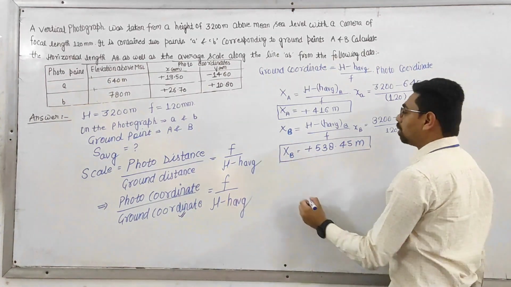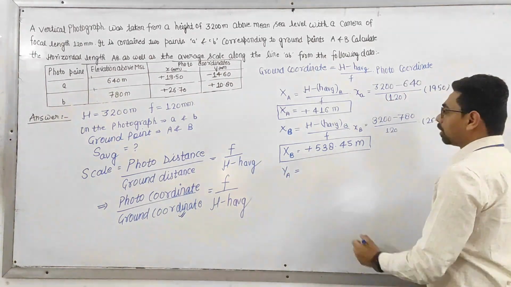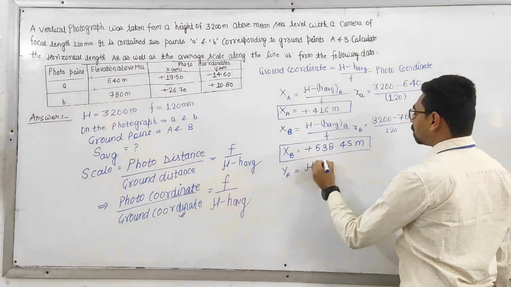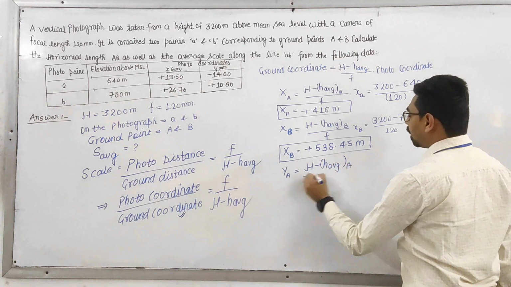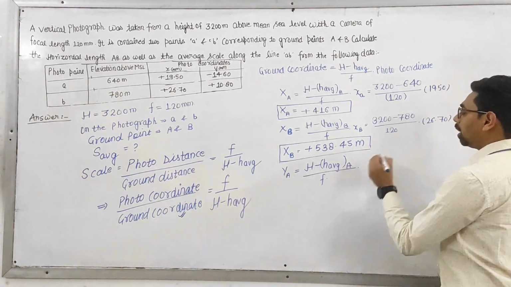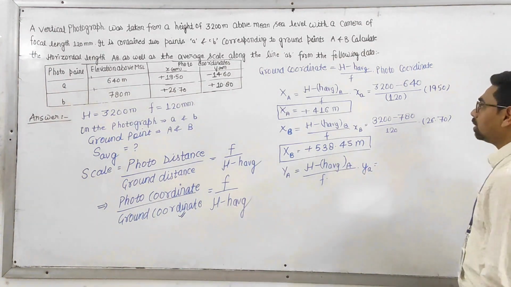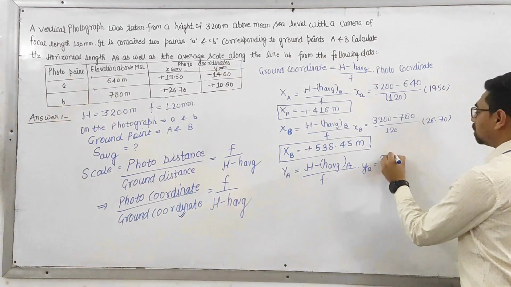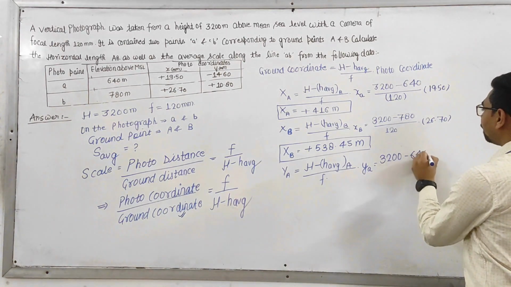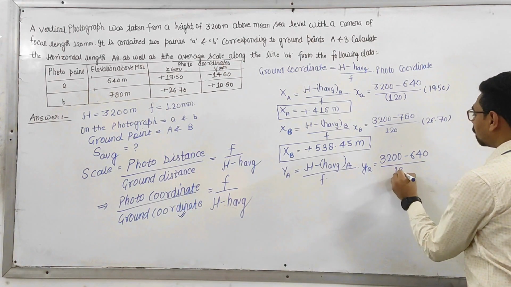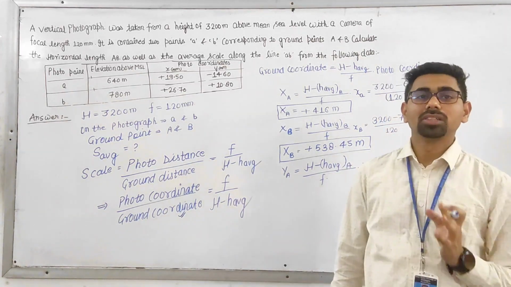Similarly, we calculate the ground coordinate YA. It will be H minus h average of A divided by focal length into photo coordinate of YA. That is 3200 minus 640 divided by 120, and YA is minus 14.60.